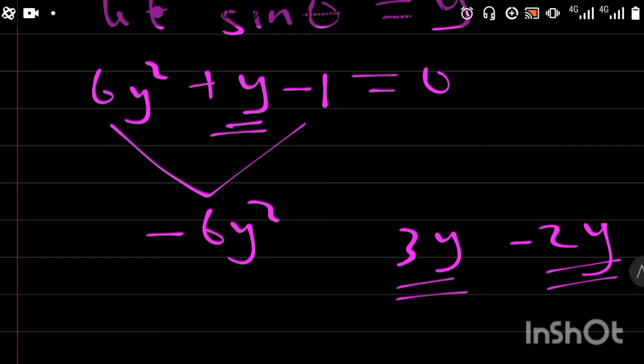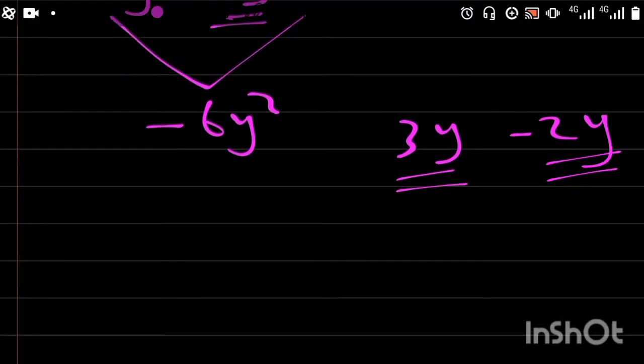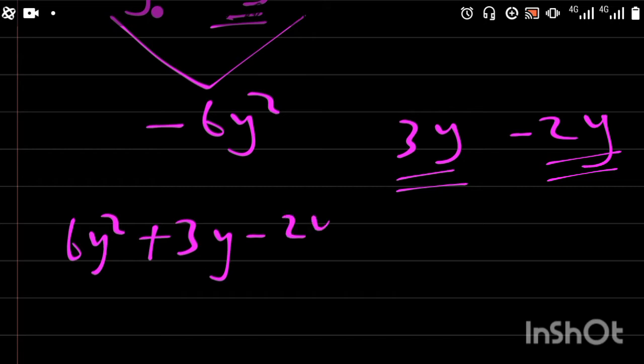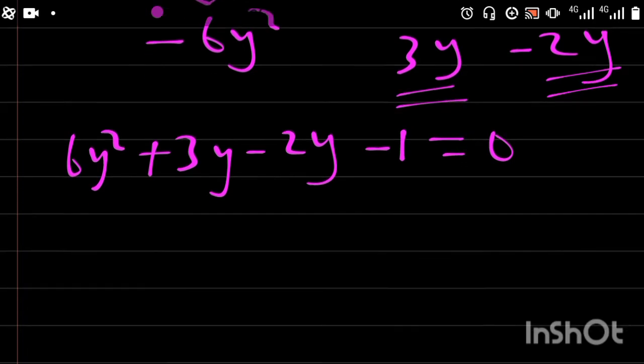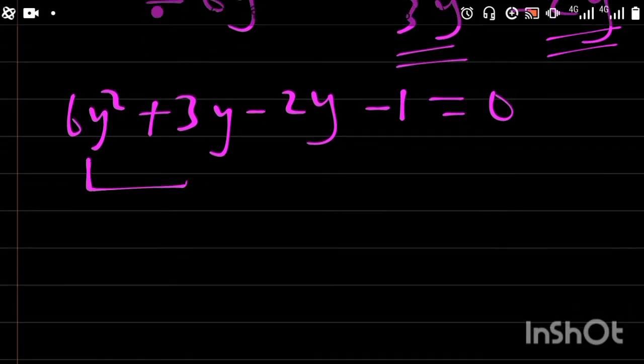And I will substitute these two numbers in place of y in the expression. Therefore, I'm going to have 6y squared plus 3y minus 2y minus 1 is equal to 0. Now let's factorize this and this, and then this and this.